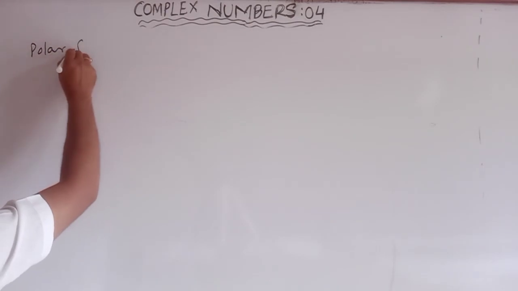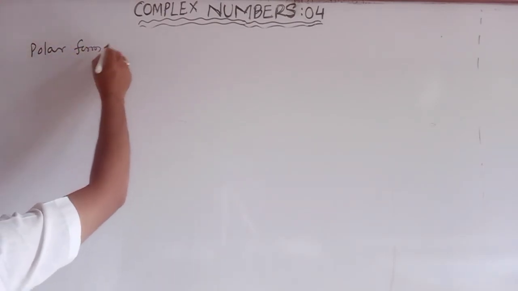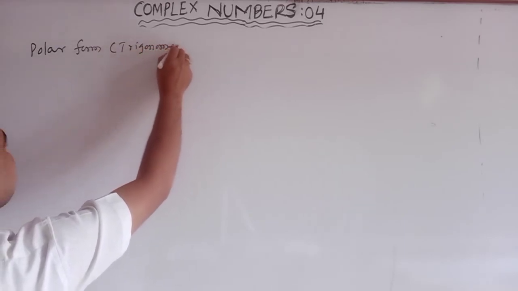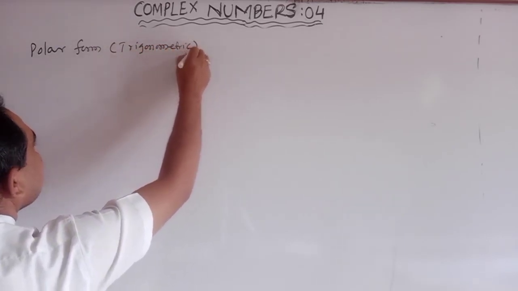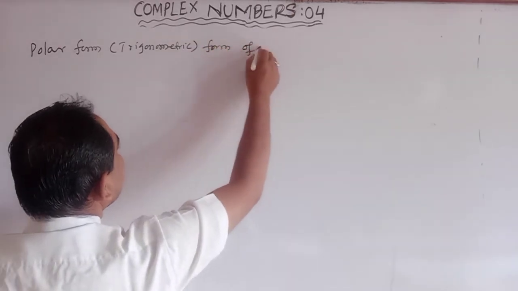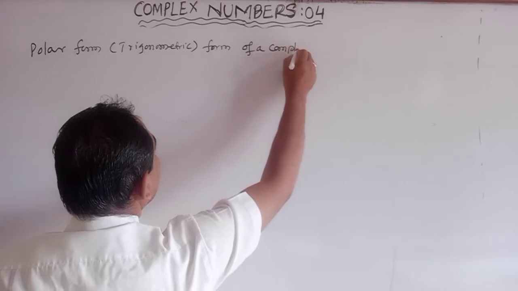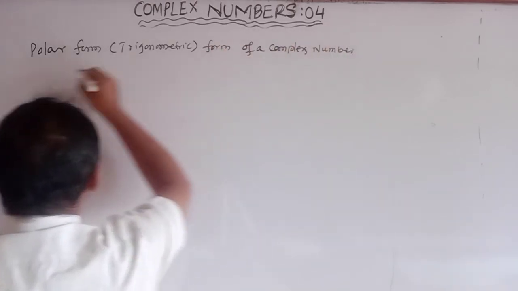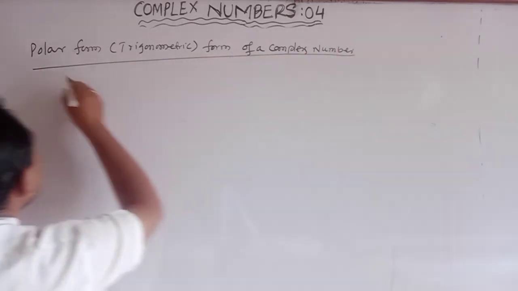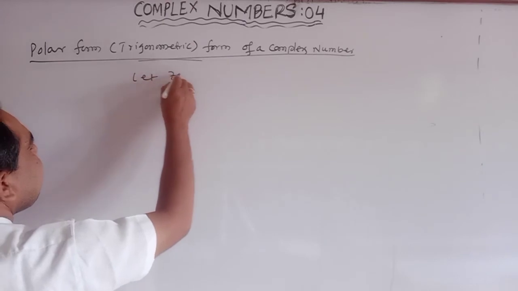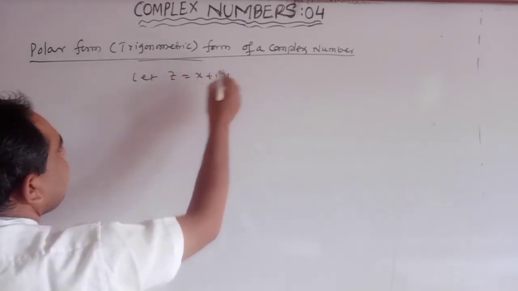Polar form, or trigonometric form, of a complex number. Okay, let z is equal to x plus iy.